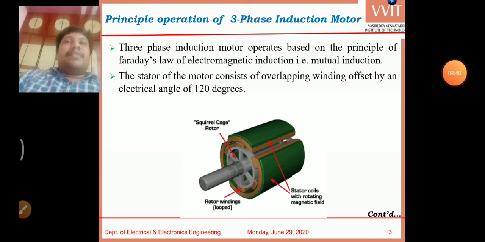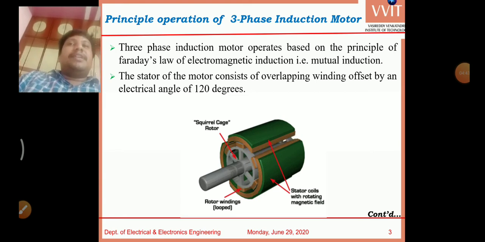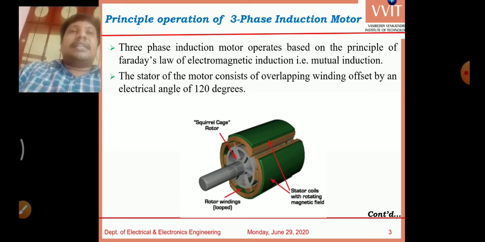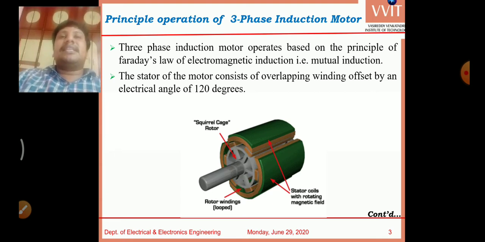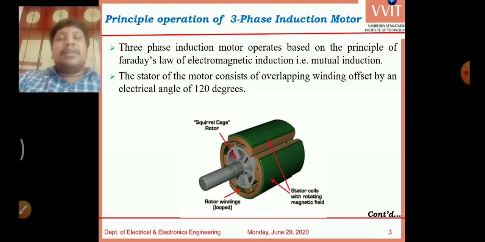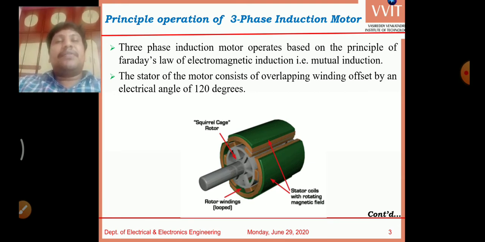Thus, from the working principle of the three-phase induction motor, it may be observed that the rotor should not reach the synchronous speed produced by the stator. Why? Because the stator windings produce the rotating magnetic field, and due to that rotating magnetic field, the rotor starts.